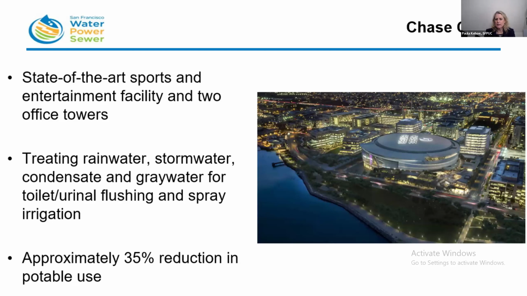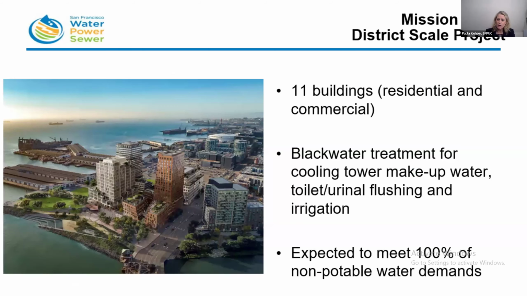This project is estimated to achieve approximately a 35% reduction in potable water use. This new district scale project, we just recently went to see this system. It's completed and constructed. The decentralized treatment system will serve 11 buildings, including residential and commercial, treating black water for cooling tower makeup, toilet and urinal flushing, as well as irrigation, and they're expected to meet 100% of their non-potable water demands.